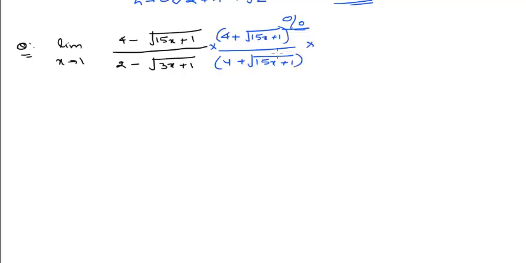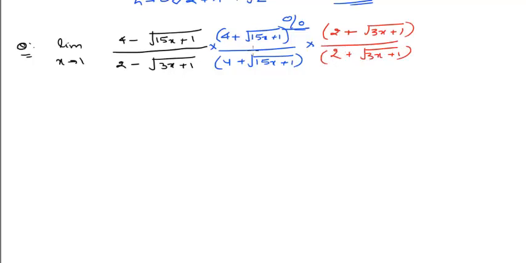Yes or no? Yes. Now in the next term, we are rationalizing the denominator also. For that we'll multiply by 2 plus under root 3x plus 1 and divide it again by 2 plus under root of 3x plus 1. Is it clear or not?